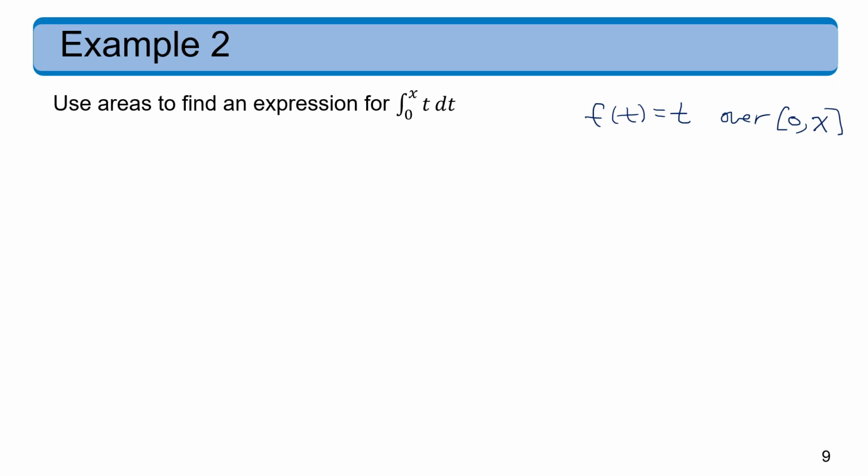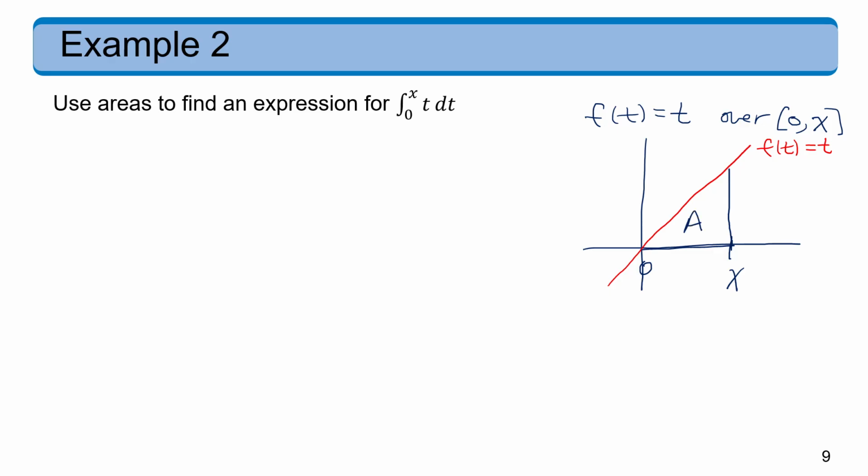So let's sketch a picture of this graph. So y equals t, right? That's just the diagonal line that passes through the origin with slope 1. And then we can mark off the x interval from 0 to x, right? So the x is some unknown value. We'll just put it here. And that integral represents this area.